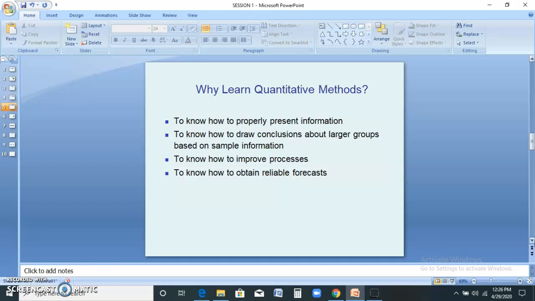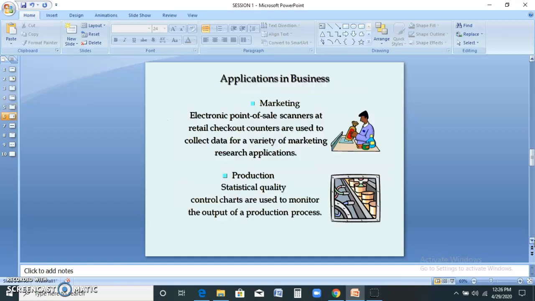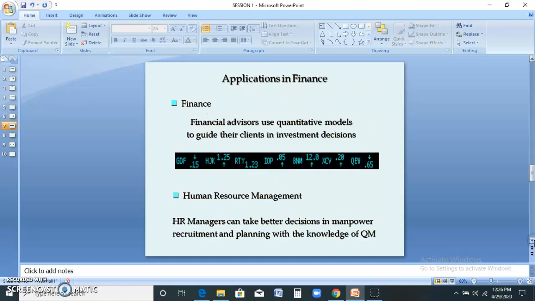We would also be able to know how to improve processes and how we can get reliable forecasts. You will find the applications of quantitative methods in every domain of business, whether it is in marketing, production, finance, or human resource management.